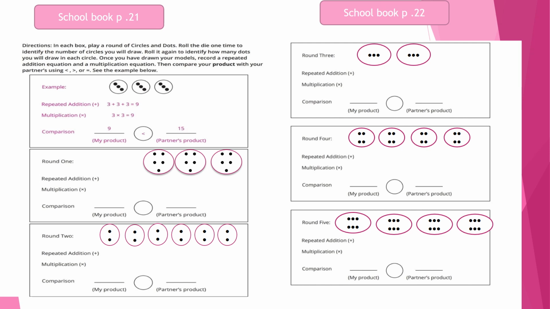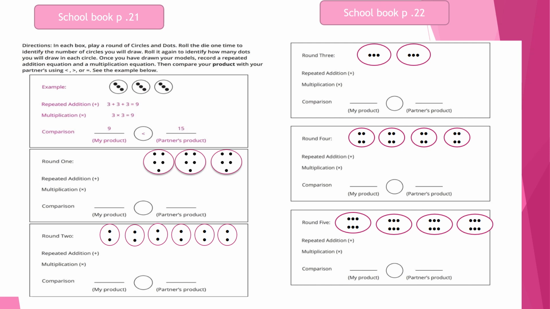Here in the first solved example, we have 3 groups, and the repeated addition will be 3 plus 3 plus 3, because each group contains 3. So 3 plus 3 plus 3 equals 9.